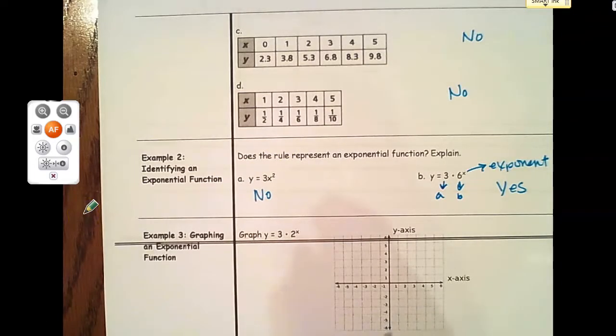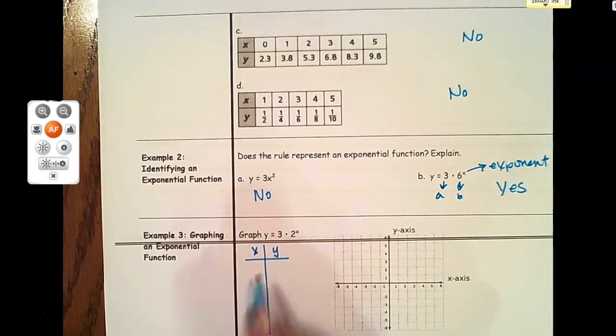Here I've got y equals 3 times 2 to the x. So I think the best way for you to graph these is with a table of values so that you can see how each point has an effect on the shape of the graph.